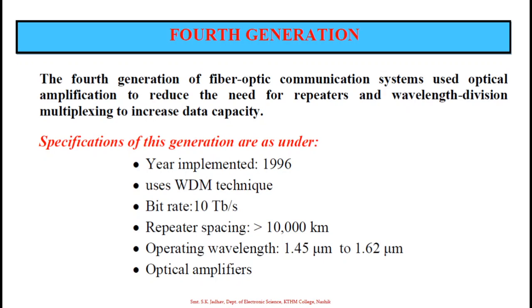These two improvements caused a revolution that resulted in the doubling of system capacity every 6 months starting in 1992 until a bit rate of 10 terabits per second was reached by 2001. And the specifications of this generation are given below.